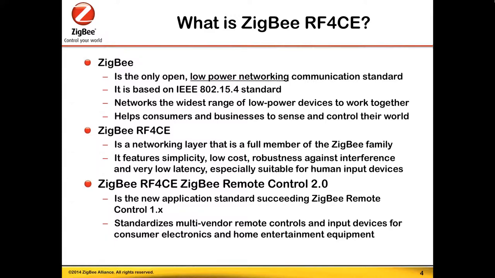Everything that you can expect, or what I'm inclined to say that you almost take for granted, is taken care of in the ZigBee Remote Control 2.0 profile. That runs on top of RF4CE, which runs on top of IEEE 802.15.4. So it standardizes remote controls. Different remote controls can be used for different pieces of equipment, and it creates a completely compatible environment. Next slide, please.